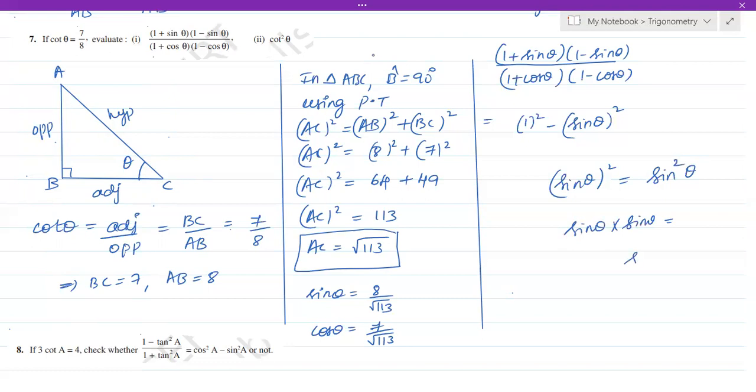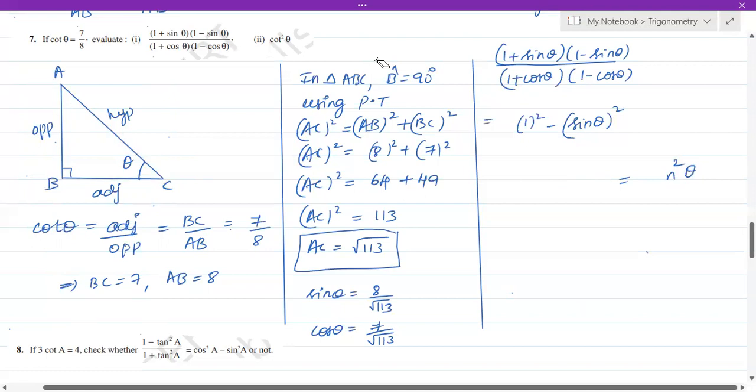You can write it either as sine theta the whole square, or as sine square theta. But you are not supposed to write sine theta square. If I say sine theta square, theta is multiplied twice. I hope you got the difference. So sine theta the whole square can also be written as sine square theta. Before you write the angle, you have to put the power.